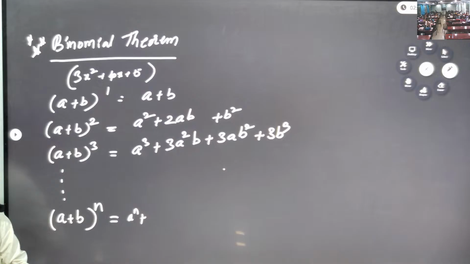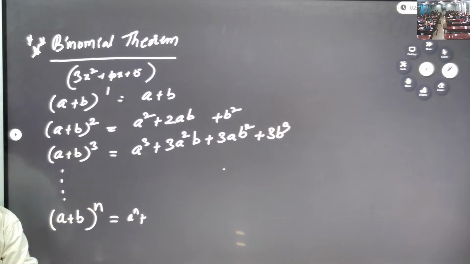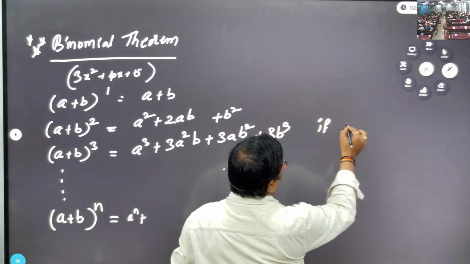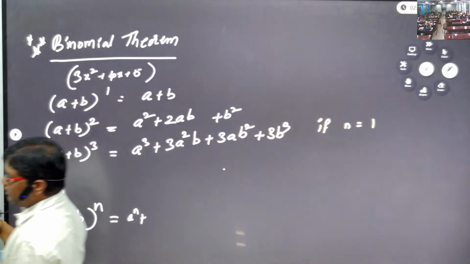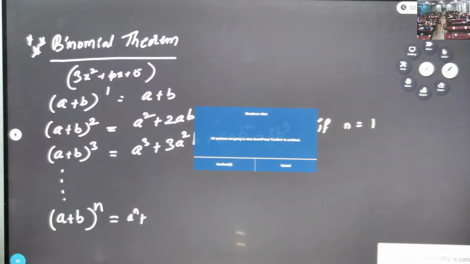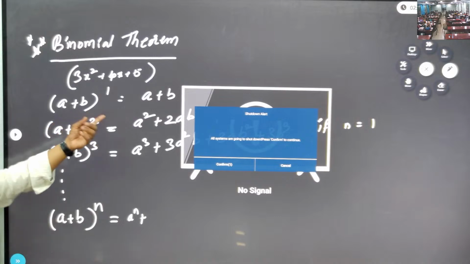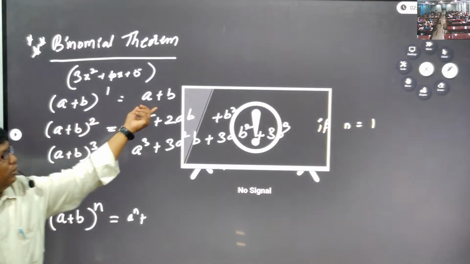For example, if n is equal to 1, check with the formula and tell me the number of terms. How many terms are we getting? 2 terms.